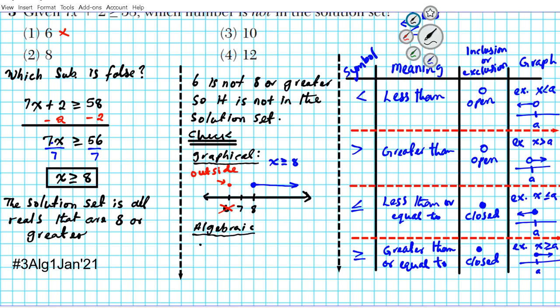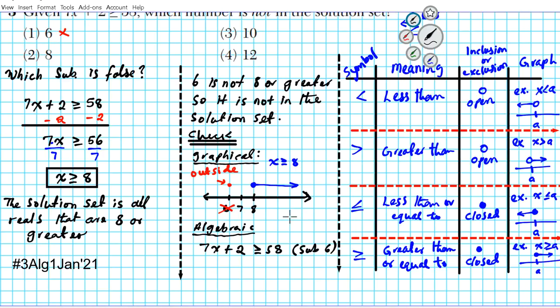We have the original inequality, 7x + 2 ≥ 58. Now we substitute the value we said is not a solution, which is 6. If we end up with a true statement, then it's a solution. If we end up with a false statement, then it's not. All right, let's do it.